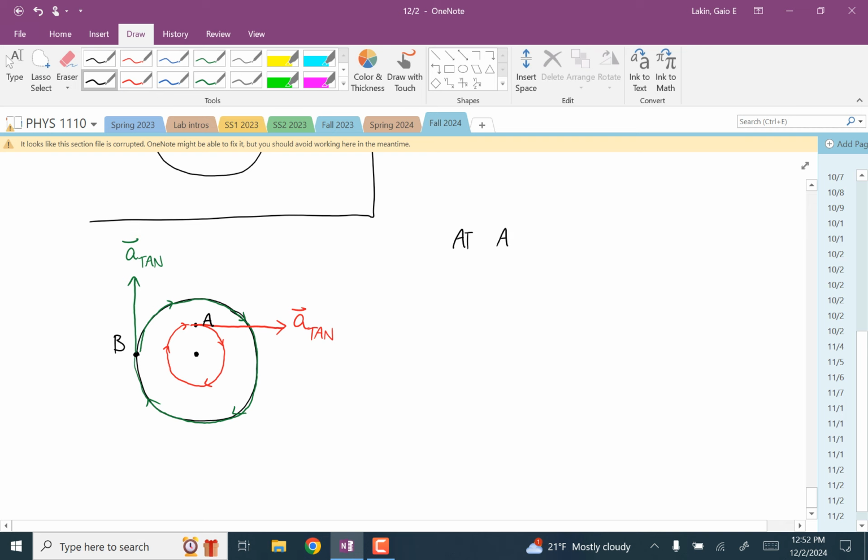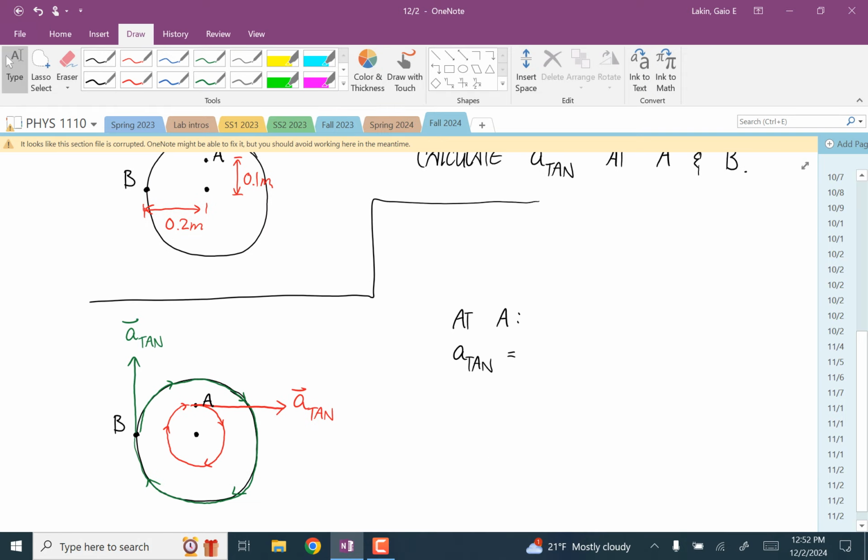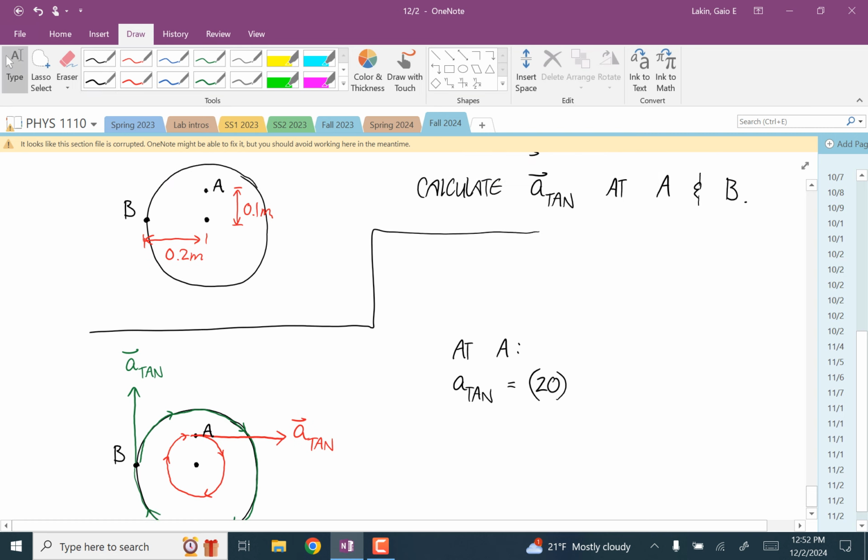At the point A, the magnitude of the tangential acceleration is the absolute value of the angular acceleration, so that's 20, times the distance from the hinge to A, that's 0.1.